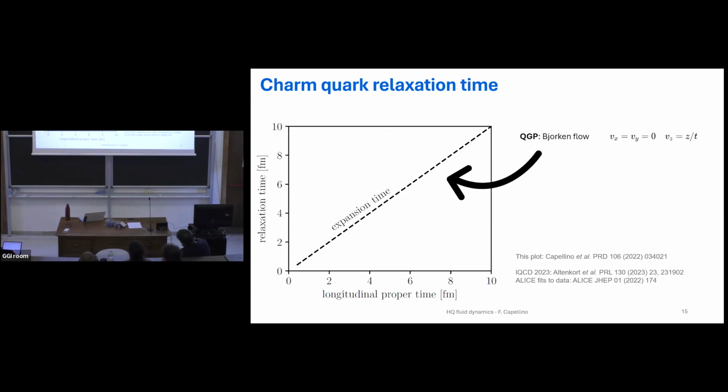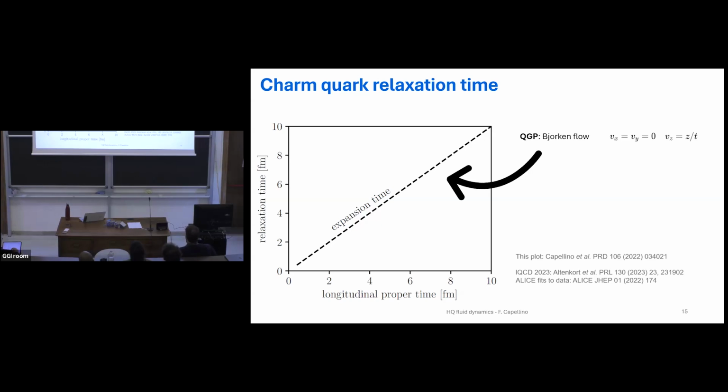And if we consider, for example, a Bjorken flow, we can calculate the typical expansion time of the fluid from the inverse expansion rate analytically. And if we plot this expansion time as a function of the longitudinal proper time in Bjorken flow, it's just a straight line because it's just given by the longitudinal proper time indeed.